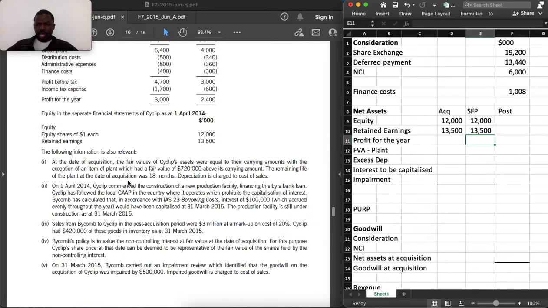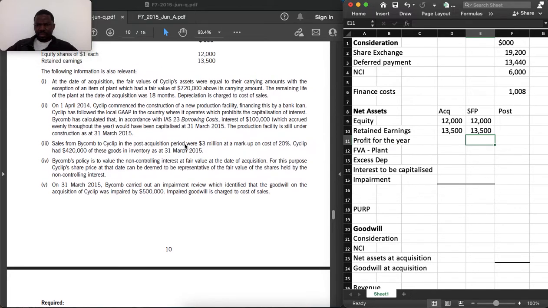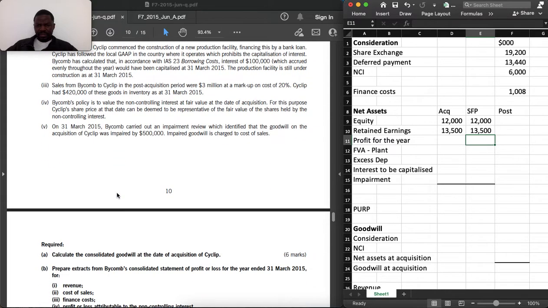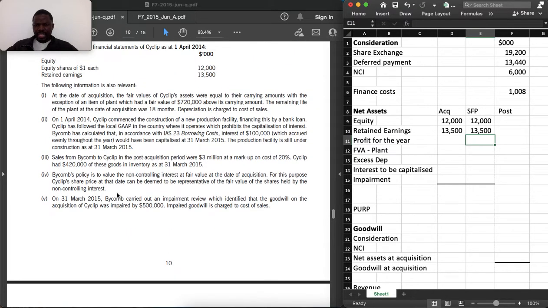So we need to look for the statement where we are told how the profits are accruing. Usually we are told that they accrue evenly throughout the year.